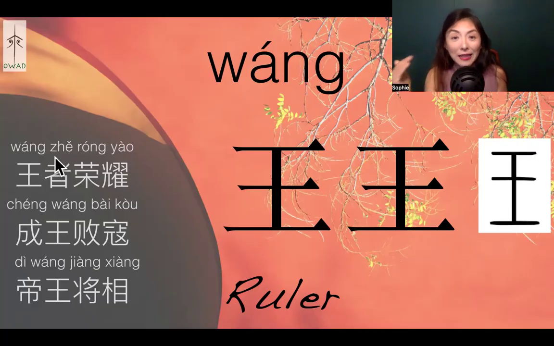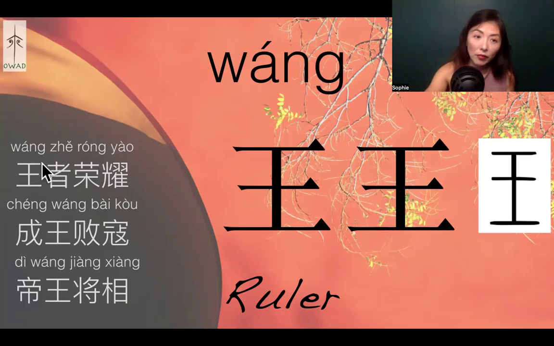So this wáng ended up, I don't know exactly how, as one of the most commonly used surnames among Chinese people. So if you see wáng, most likely it's a Chinese person. And originally it means ruler.